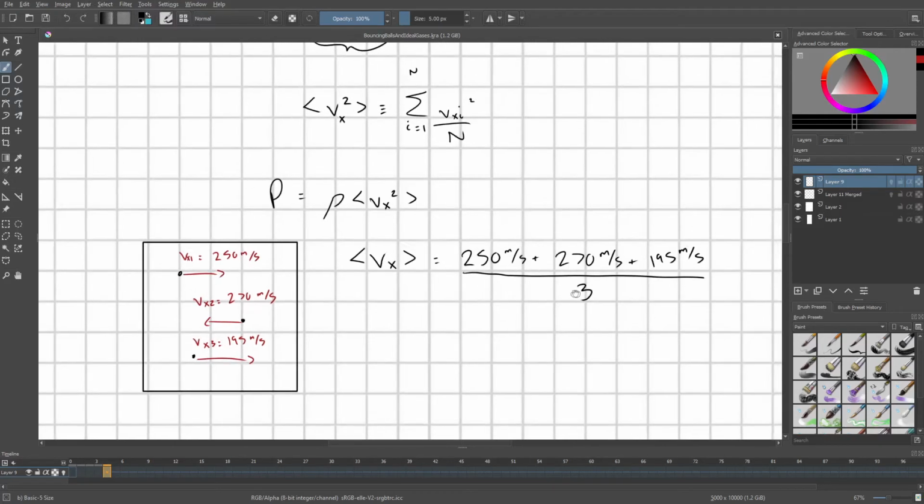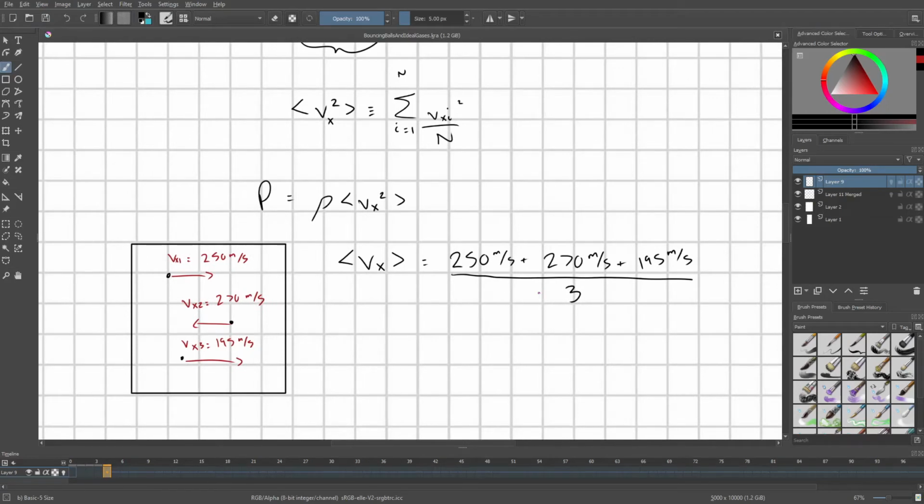You take the values of the data points, add them all together, divide by the number of data points, and that's going to give you the average.